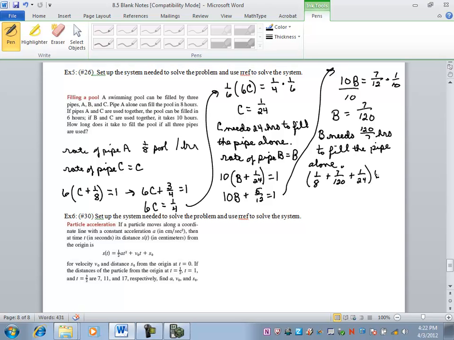And so how many hours are we going to need to get it full? Well, we add this up, we get 9/40ths times t equals 1, so t equals 40/9, which is 4 and 4/9 hours to fill the pool working together.